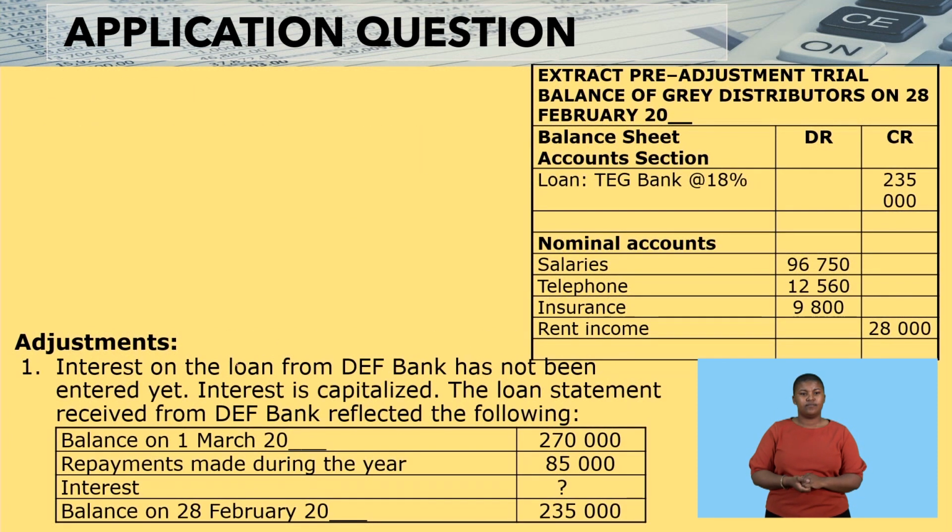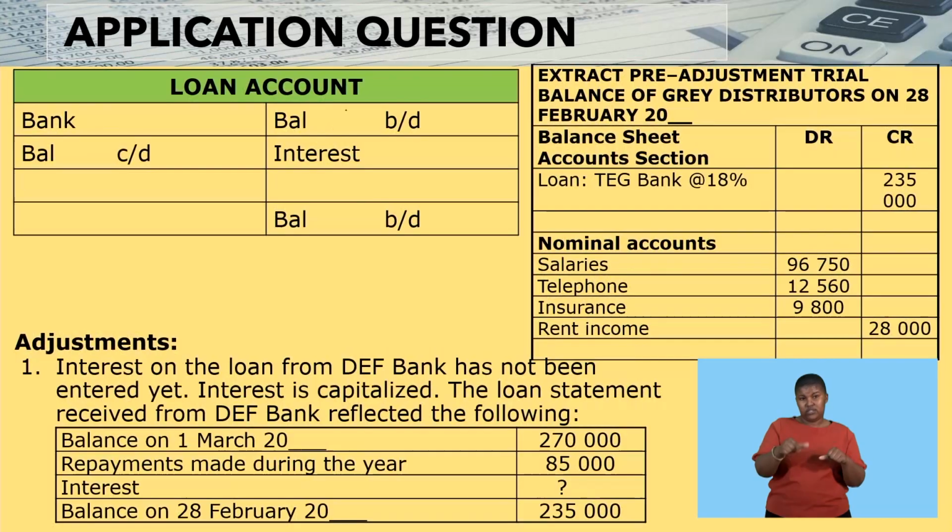All right, so to begin with, interest on the loan from DEF Bank, and then we are given the statement received from DEF Bank. The easiest way would be to open a loan account, a ledger account.